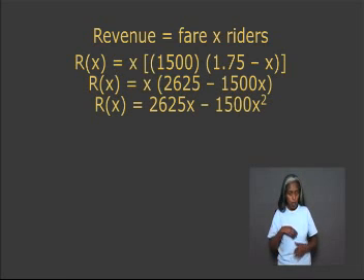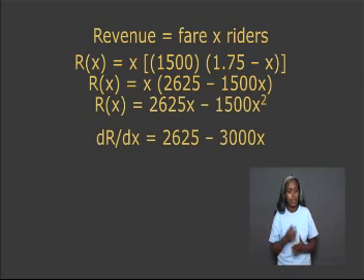Our revenue equation becomes R of X is equal to 2,625X minus 1,500X squared. Next, we find the derivative of our revenue equation, which equals 2,625 minus 3,000x.